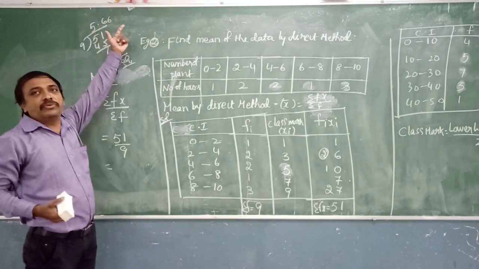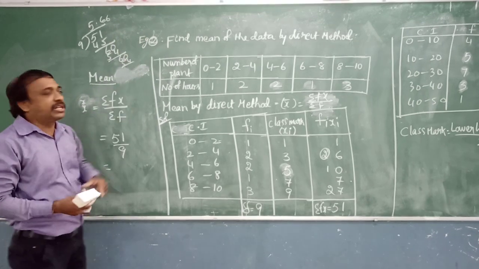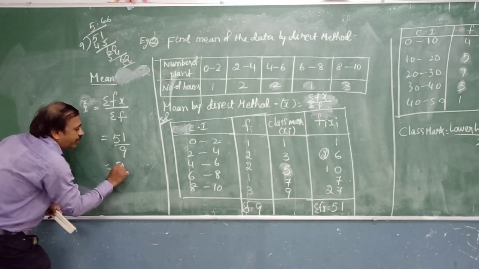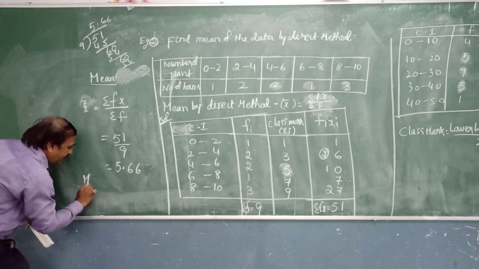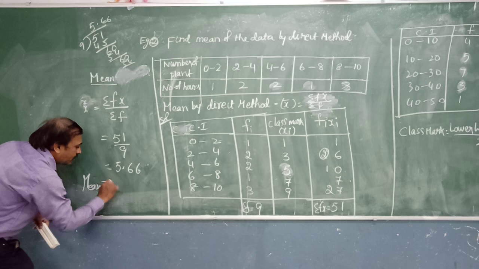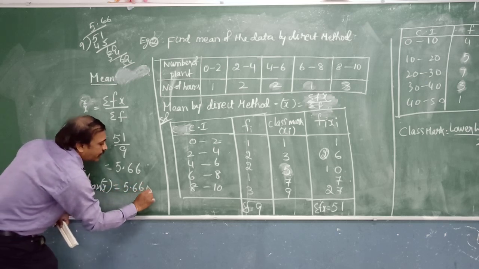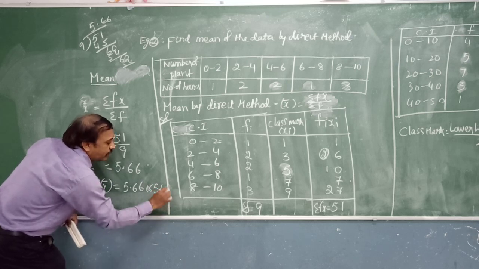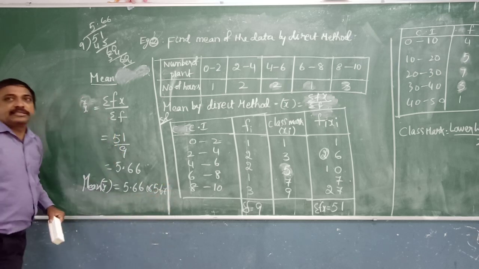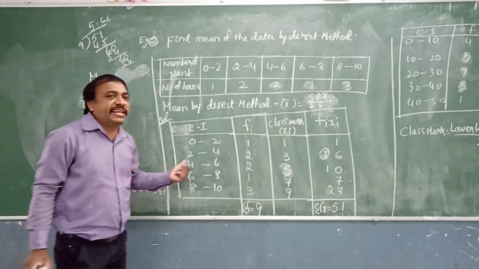We can make it a round figure like 5.7, or 5.67 also you can make. So 5.66, or you can say 5.67. Therefore the mean x bar is 5.67.